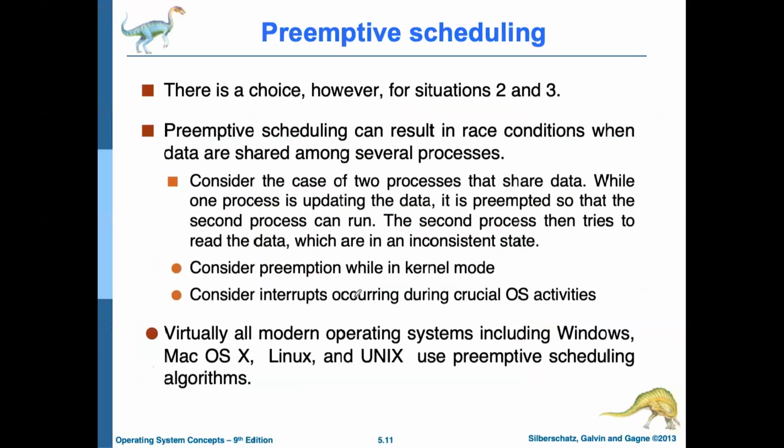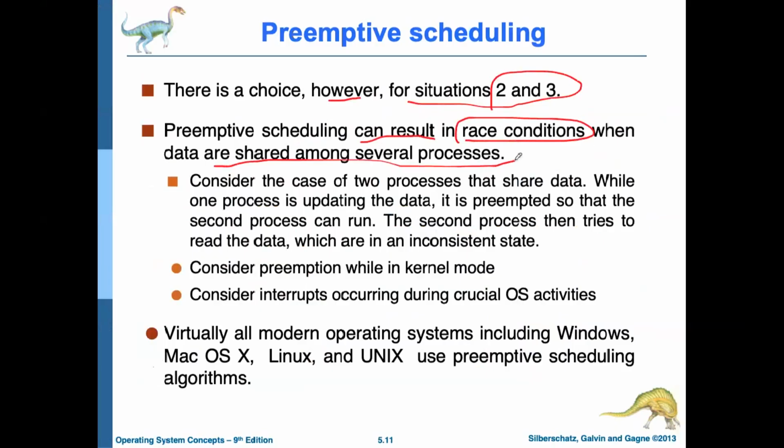And for preemptive scheduling, there is a choice, however. For situations 2 and 3, preemptive scheduling can result in a race condition when data are shared among several processes.